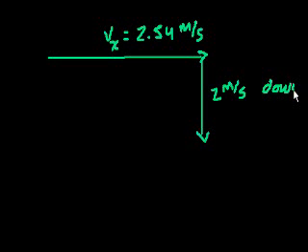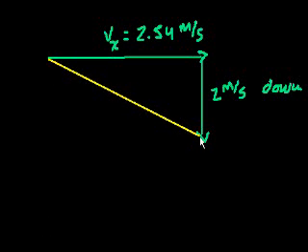Same thing. Minus 2 up is the same thing as 2 meters per second down. And so the resulting vector is going to look something like this. When you add two vectors, you just put one at the end of the other, front to end, like we did here, and then you add them together, and this is the resulting vector. And I think you're used to that at this point.